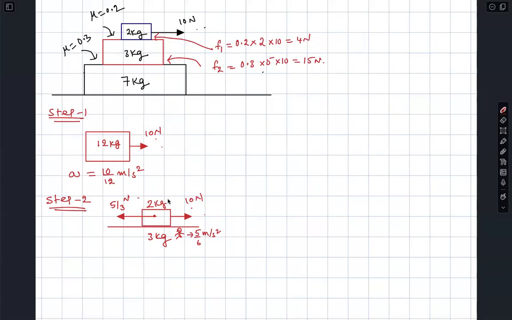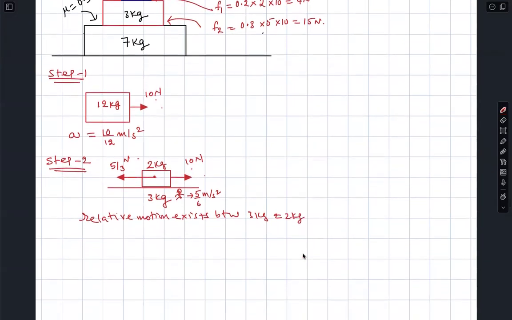So what nature of friction is involved? Kinetic. So my first comment is relative motion exists between the 3 kg and 2 kg block. Confirmation clear?